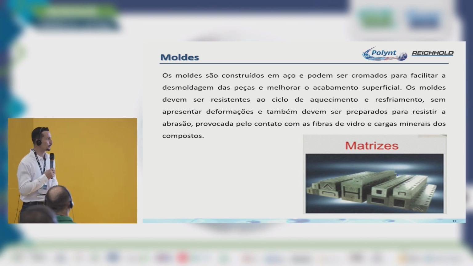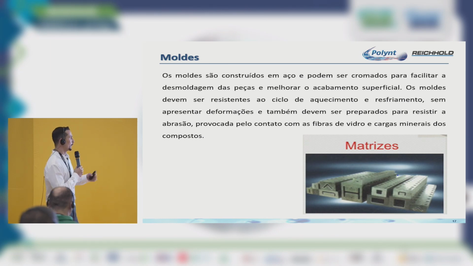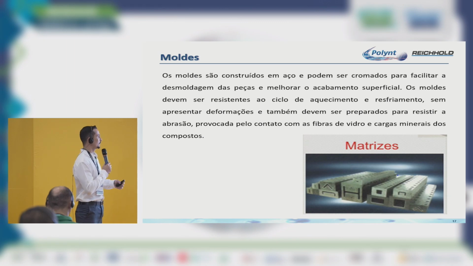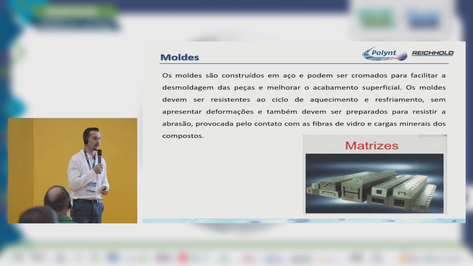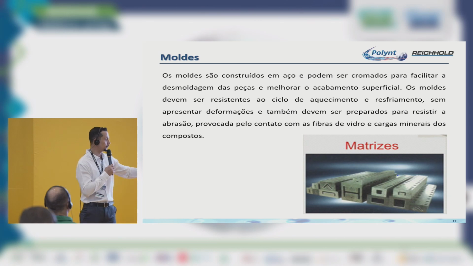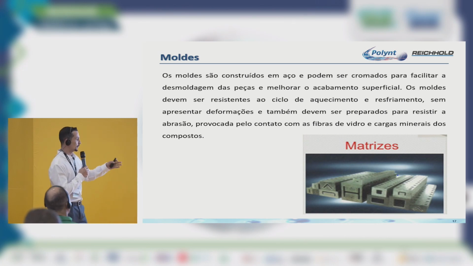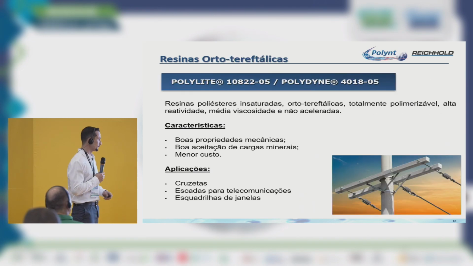They're usually chrome-plated to facilitate the freeing of the piece, and they also need to withstand deformation and abrasion caused by the mineral fillers and also the fiberglass. Each type of profile has its own type of mold. It could be conic or I or H shaped.